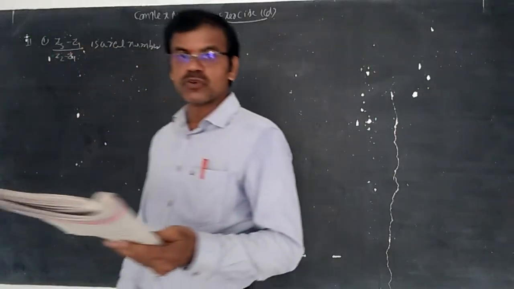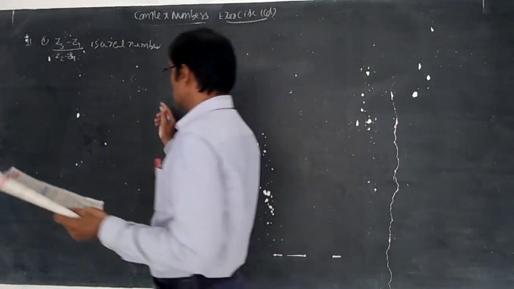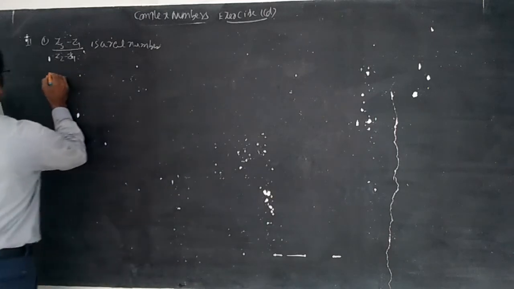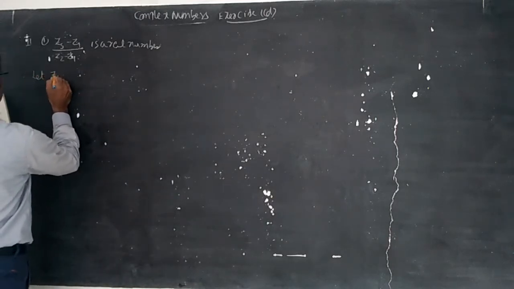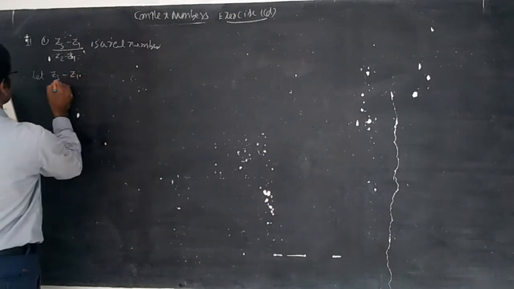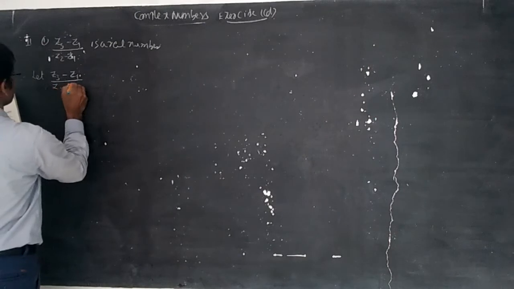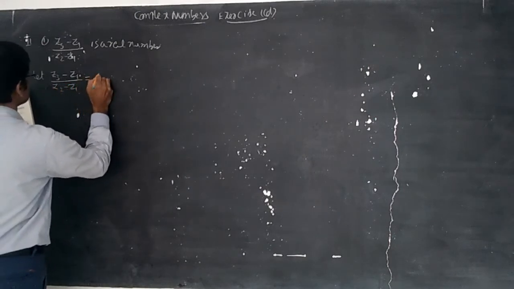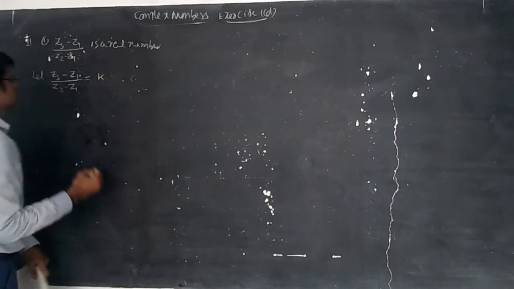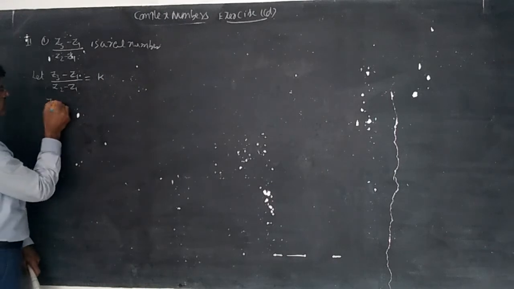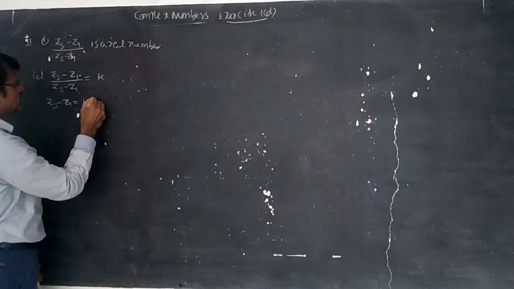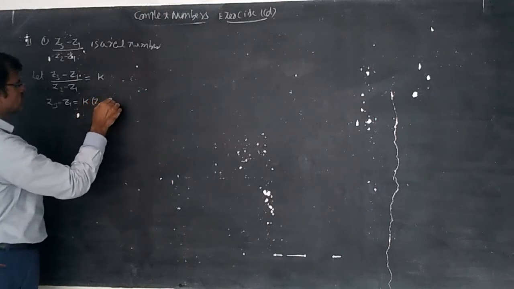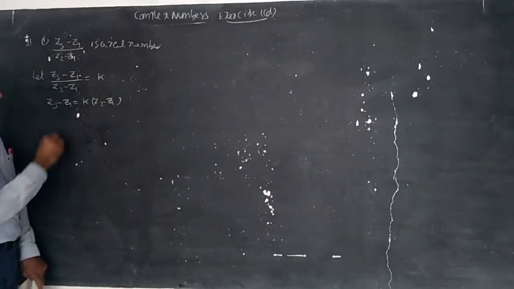Let us try to do it in two methods. Since it is a real number, let Z3 minus Z1 by Z2 minus Z1 equal K. So Z3 minus Z1 is equal to K into (Z2 minus Z1).